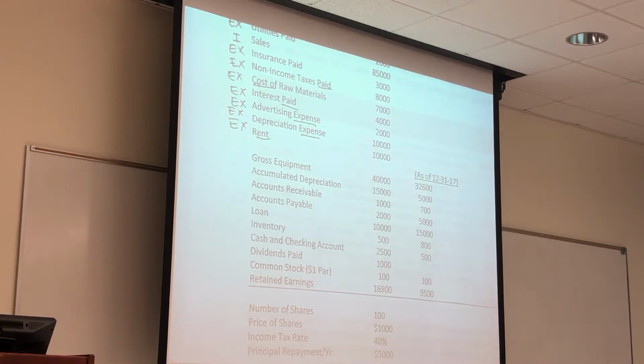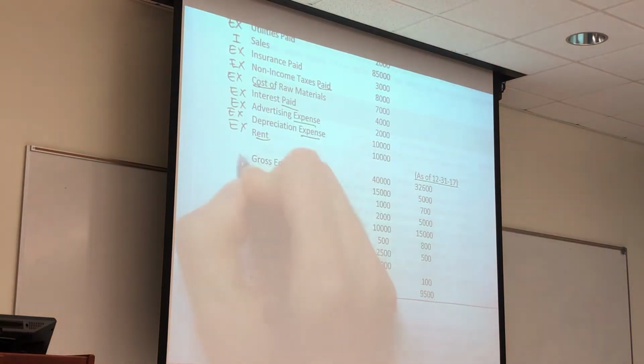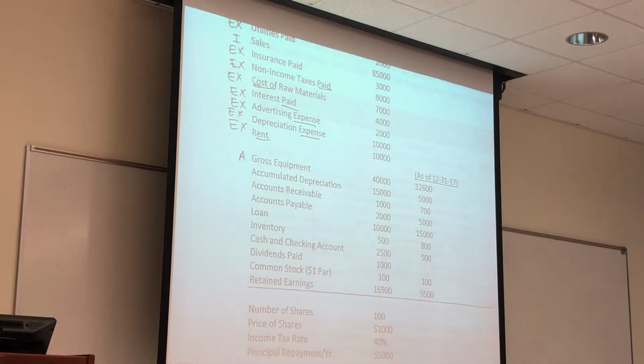So, gross equipment. Do you think that's an asset or a liability? Asset. Accumulated depreciation. Liability. Yes. Because as the depreciation happens, you have something on your shoulders that you have to pay for later on, right?